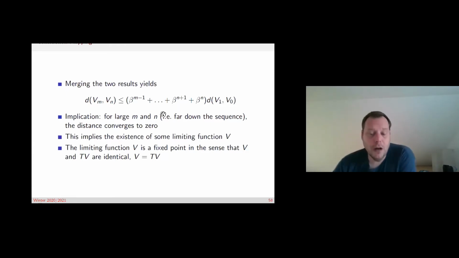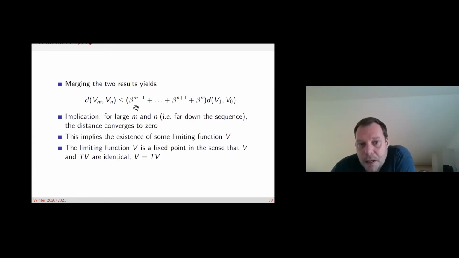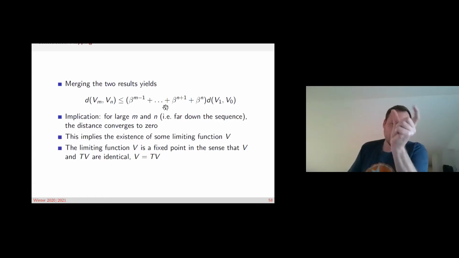So you would express the distance that you just chose as a function of neighboring distances, and then you plug in this result, how neighboring distances evolve. And plugging this in, you can express the distance between any two functions as a function of the initial neighboring distances times this shrinkage fraction, so to say.